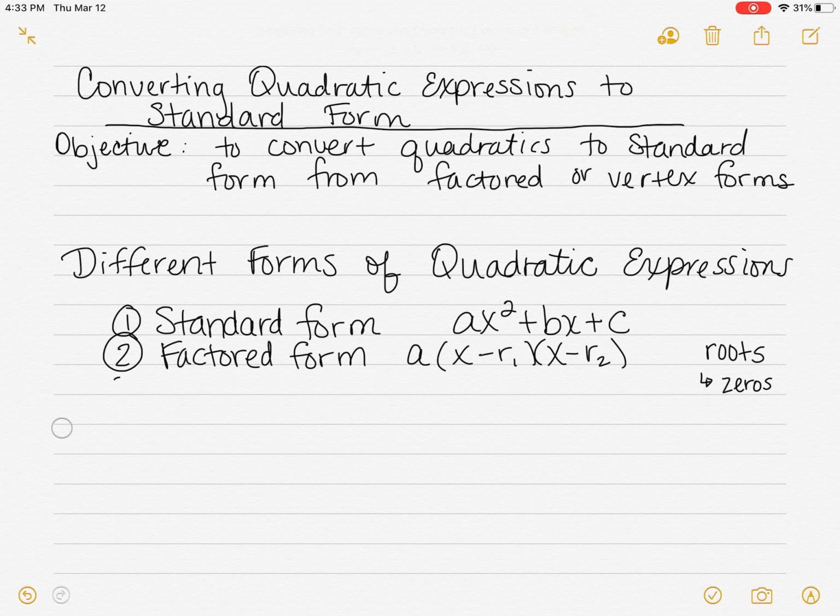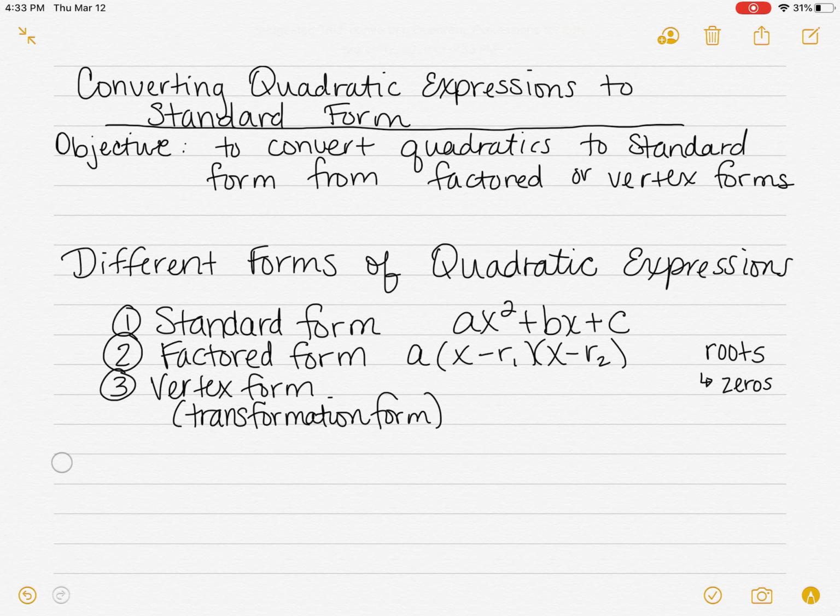Then the third form of quadratic expressions is the vertex form, which we looked at yesterday when we talked about transformations. So it's also known as the transformation form.